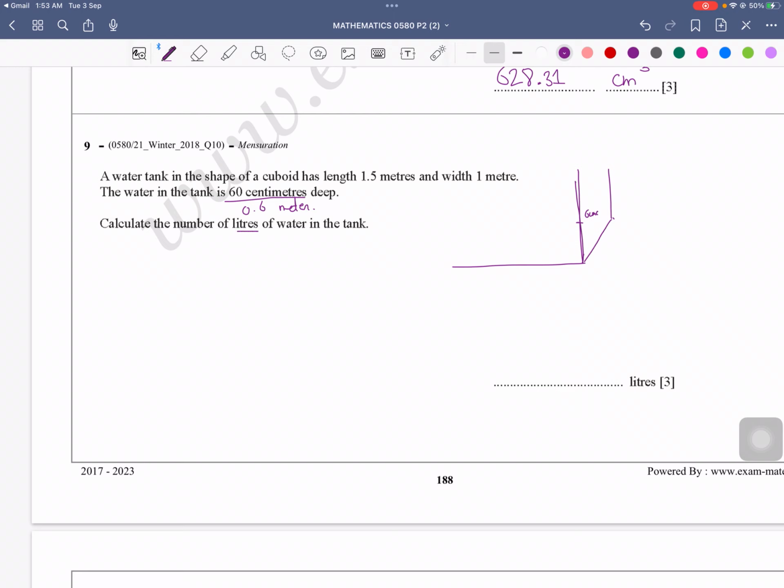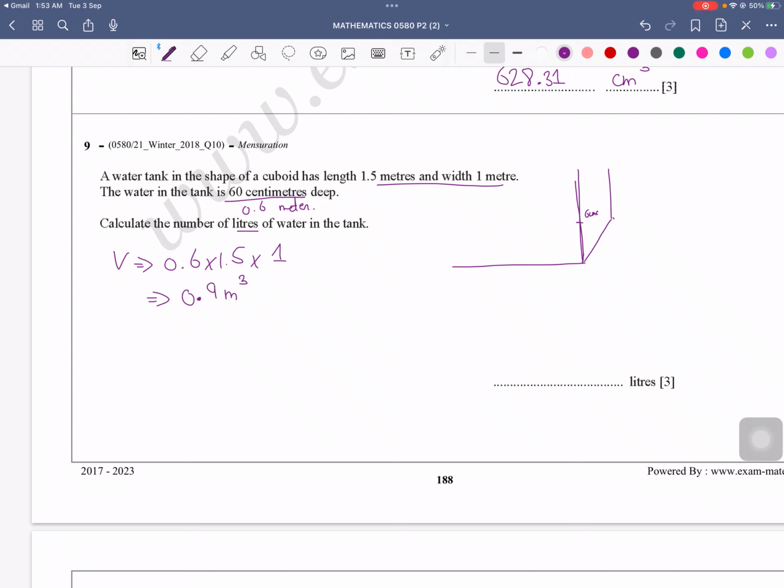So for liters, you need to find the volume. The volume of the water held in the tank is 0.6 multiplied by this width and this length, because it covers all of this width and all of this length, right? So the volume that I am getting is 0.9 meter cube, right?